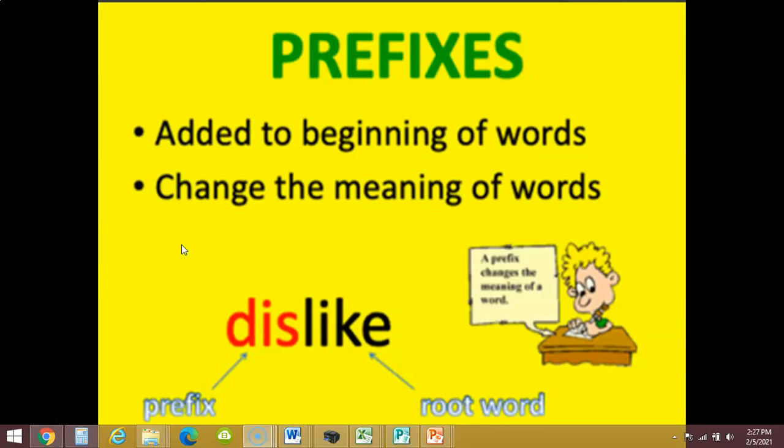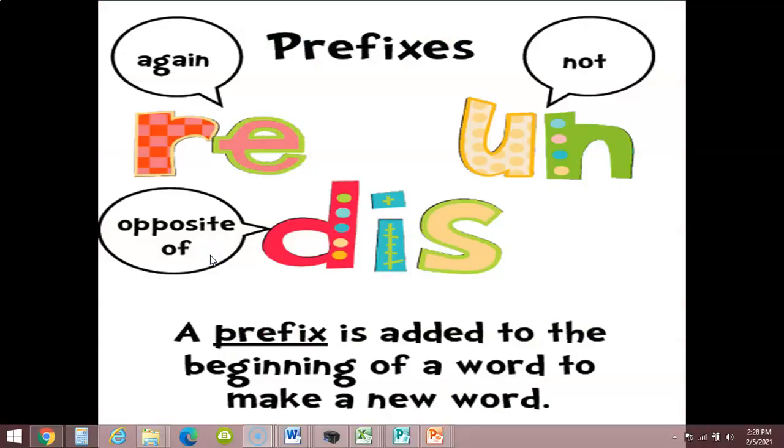I know you could say, I don't like them, but a prefix will do the same thing. I dislike potato chips. It's added before the word, and it changes the meaning of it. A lot of times it could be the opposite. Now, again, some of the most common prefixes are re, un, and dis. But the ones we're going to focus on are right here, re and un.